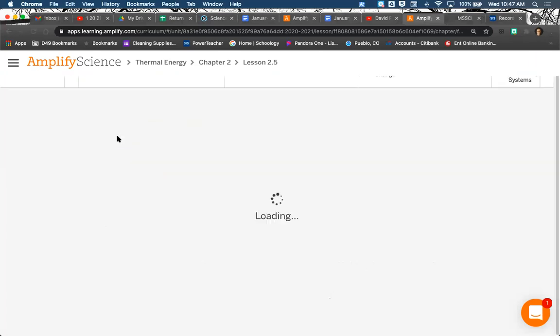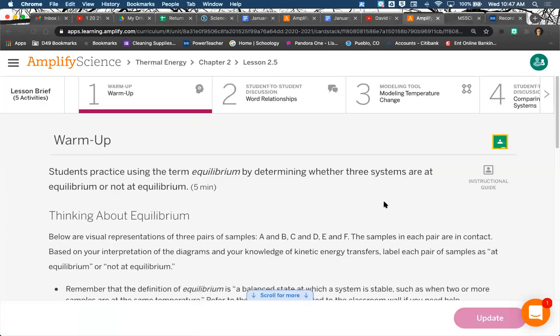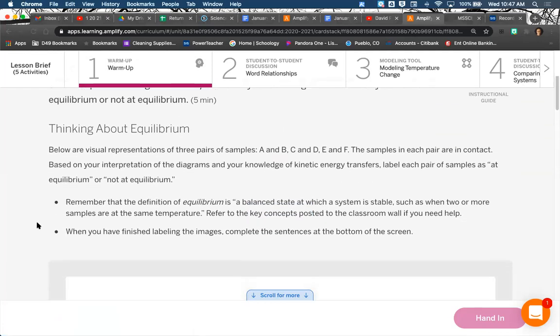So let's begin with the warm-up. Students practice using the term equilibrium by determining whether three systems are at equilibrium or not at equilibrium. Okay, quick 5 minutes thinking about equilibrium.